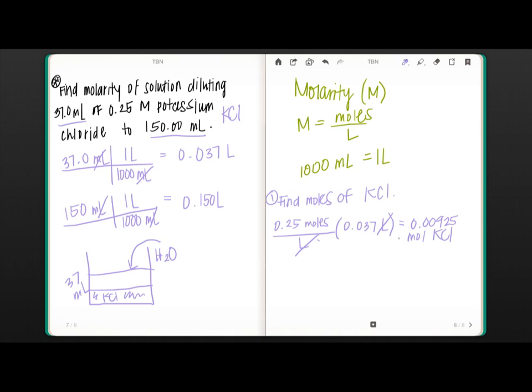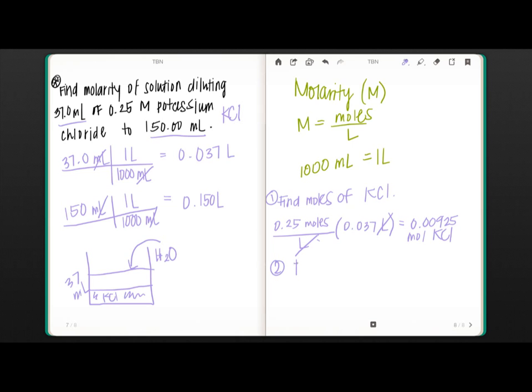So you end up with your moles. That's the actual amount of potassium chloride in your solution. So you're finding out the molarity for the diluted solution. So the second step.